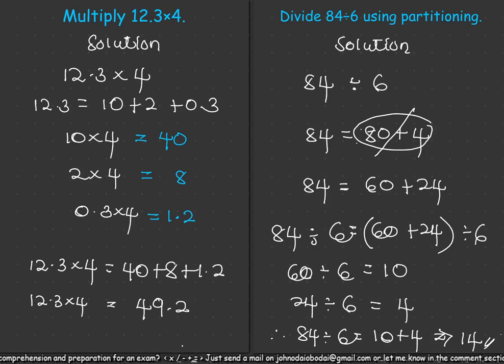As simple as that. What makes the division different is that you don't just write the number as the sum of the values of the digits, but you write the number as a sum of two numbers that the divisor can both divide. Very simple.